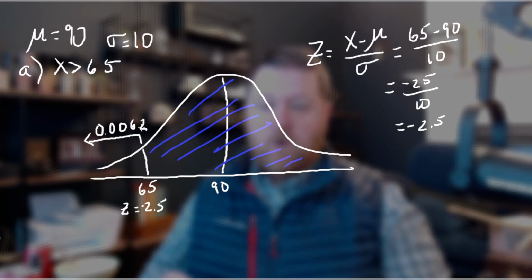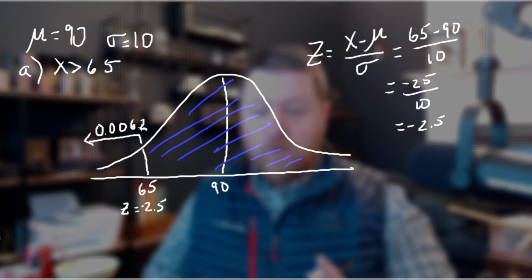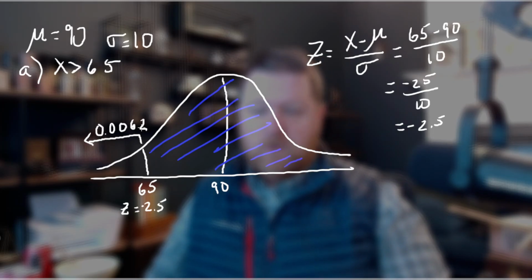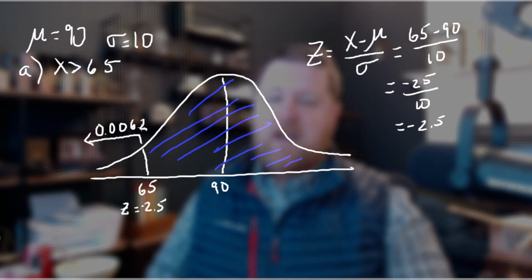Now, step number 4 is to say, okay, use the area that we got out of the chart to find the area that we care about. Now, in this case, how do we do that? Well, we know the area to the left is 0.0062, but how does that help us find the area to the right?